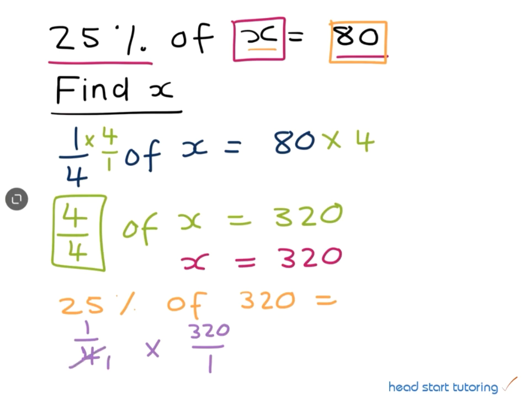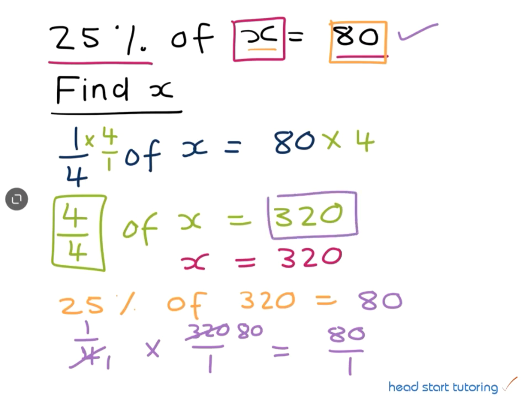And then we can cross cancel. 4 into itself goes once. 4 into 320 goes 80 times. And we end up with an answer of 80/1, which is equal to 80. And that is what we were hoping for. So 25% of x is equal to 80. Our x is therefore equal to 320.